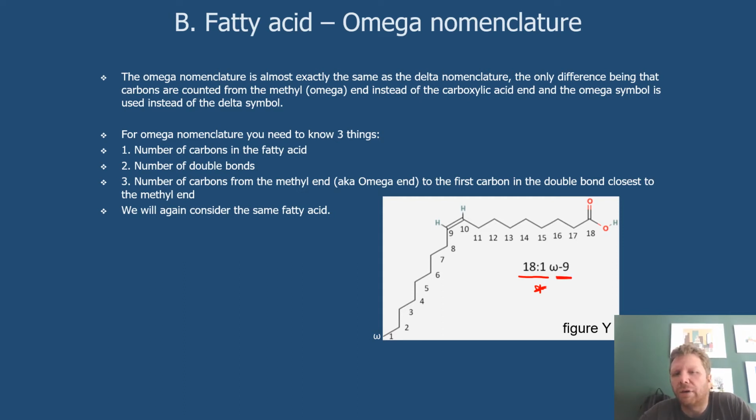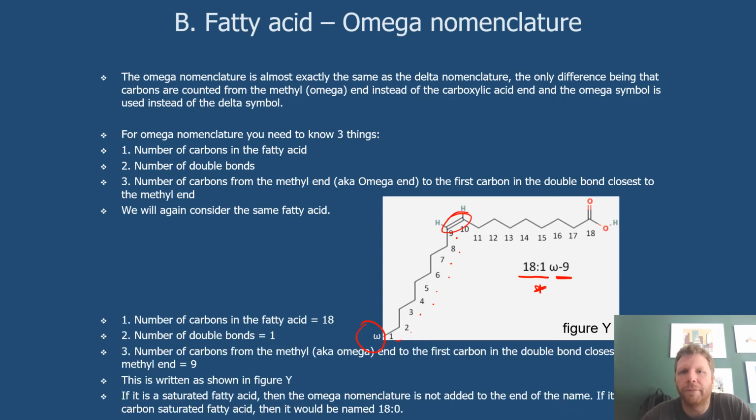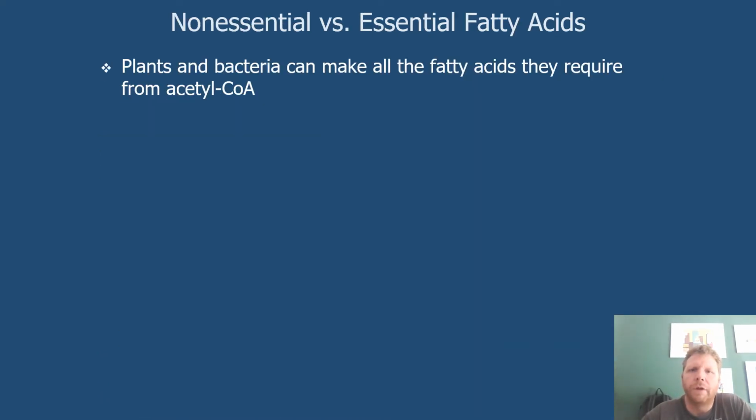Now we're going to start our numbering from our omega carbon. So we're labeling 1, 2, 3, 4, 5, 6, 7, 8, 9. Double bond right there between 9 and 10. So essentially that's what that is going to look like. There we go.